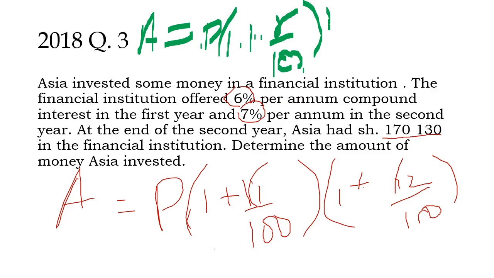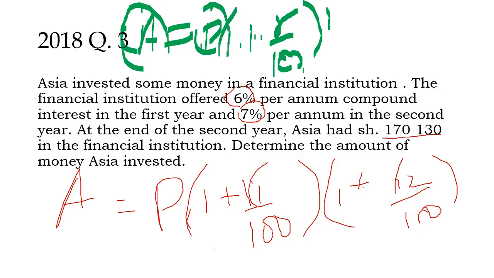So the amount in the second year, which will be 170,130, will be equivalent to the principal we have gotten here, which is the amount in the previous year, plus the rate of 7% over 100.